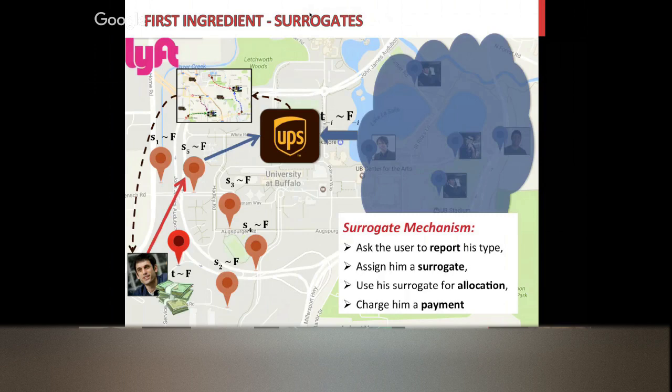I haven't yet said how to pick the payments. I haven't yet said what kind of surrogate I pick, but this is my plan. Draw IID types from the type distribution, call them surrogates, somehow assign the agent to one of these surrogates, and use that surrogate in the allocation algorithm.